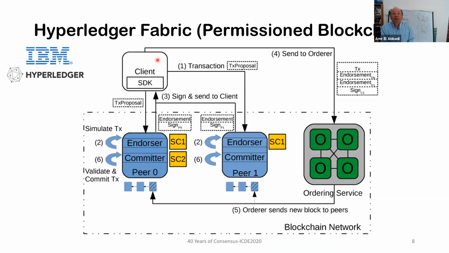Fast forward to the teens, where we are living now. In 2014, 2015, up to 2020, we have a rise of interest in blockchain. And again, there are different kinds of blockchains.